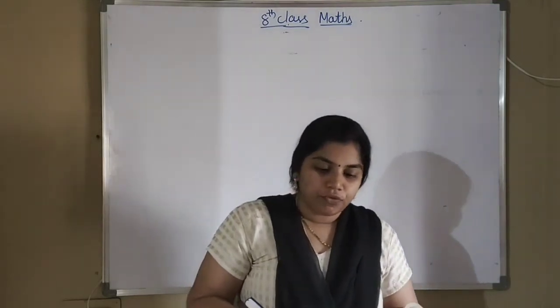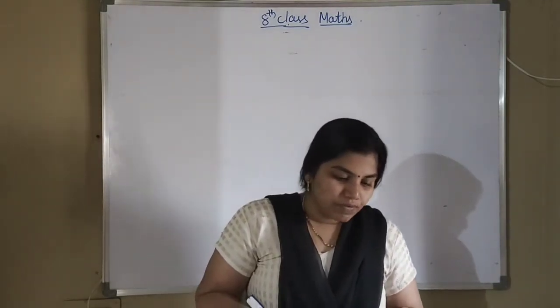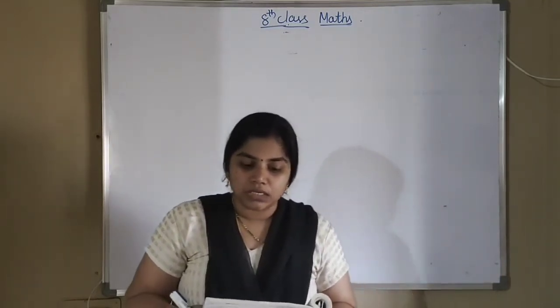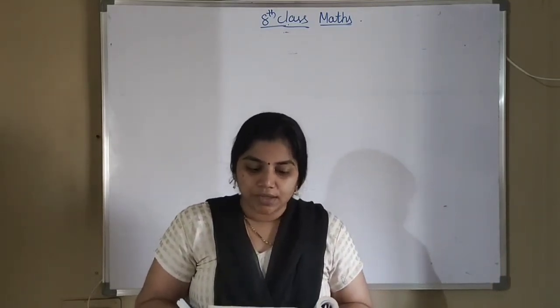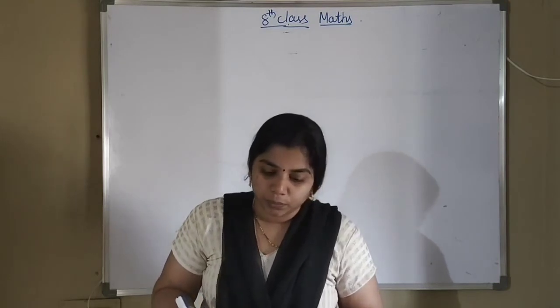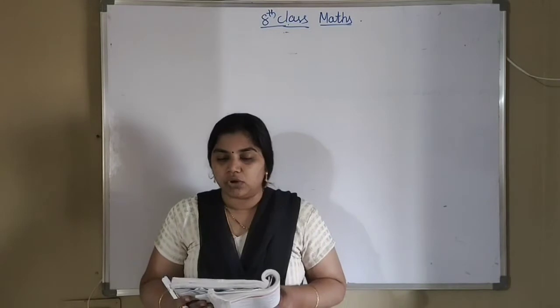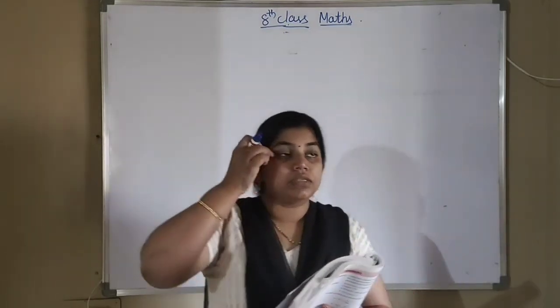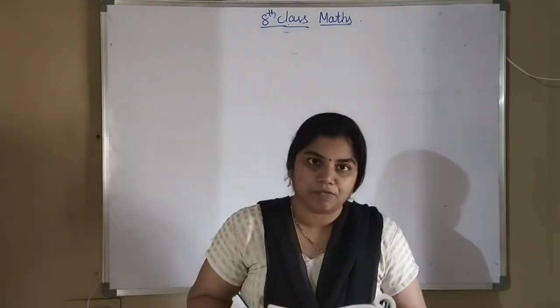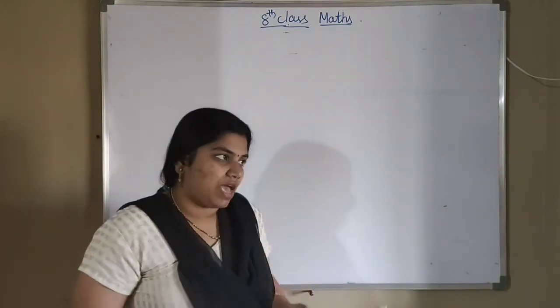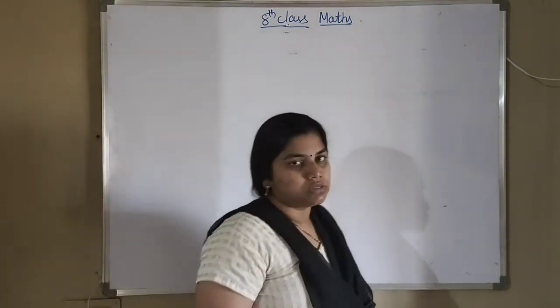The rate of simple interest is 17% and she borrows the money over a 5 years period. So find how much amount Prabhavati should repay the finance company at the end of 5 years. After the end of 5 years, how much amount she has to pay, we have to find. And her equal monthly payments also we have to find.